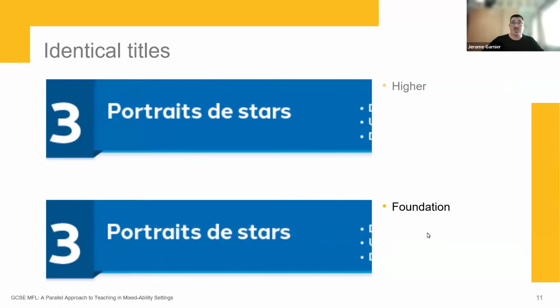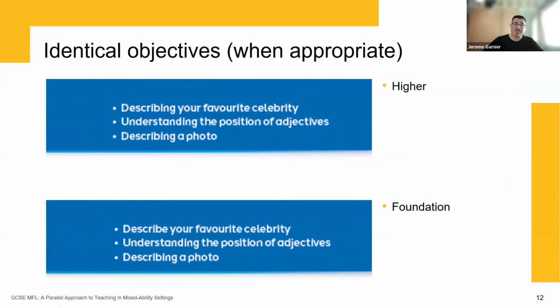We have also, where applicable, used the same objectives on the page. For example, on this one, in both higher and foundation books, the objectives are to describe your favorite celebrity, understand the position of adjectives, and describe a photo. All three objectives will be the same in the higher and the foundation book.